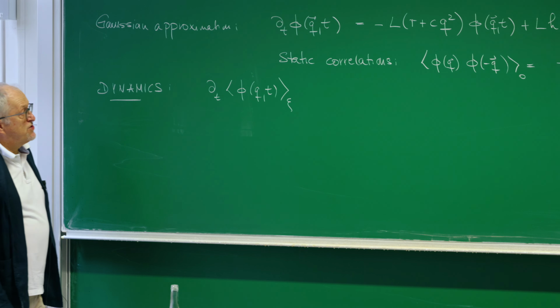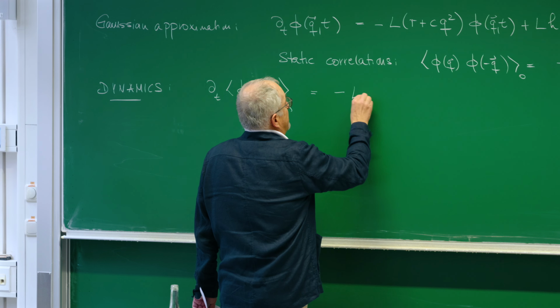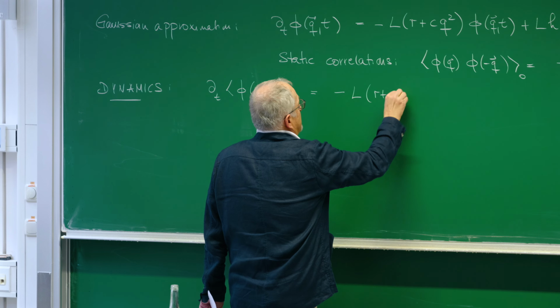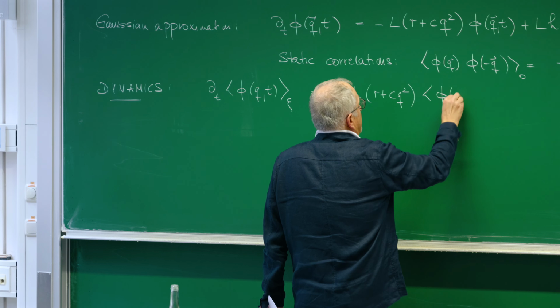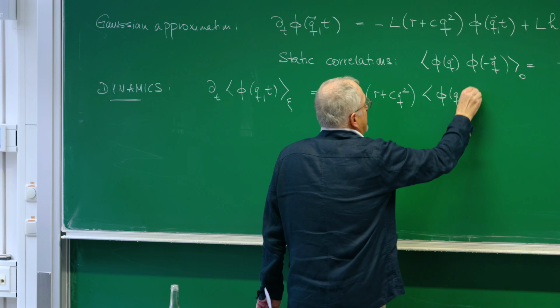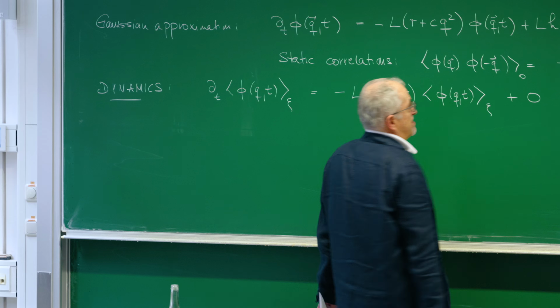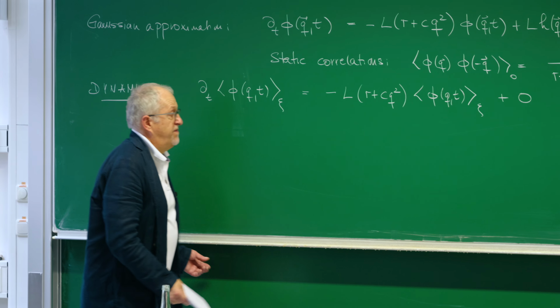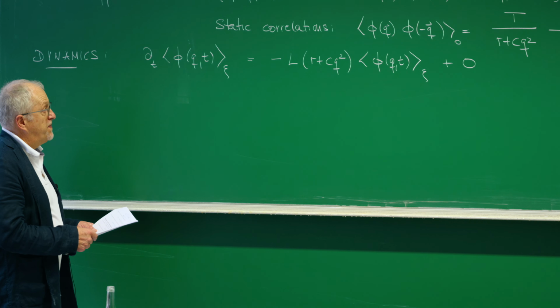As we average over that noise, we find this is minus L(r + cq²) phi of q and t averaged over the noise plus 0, because we assume that the first moment of the noise is identical to 0.